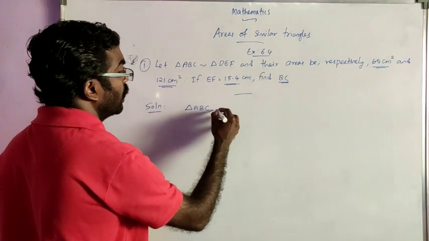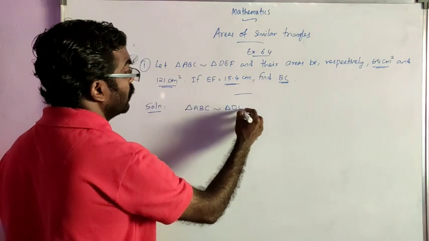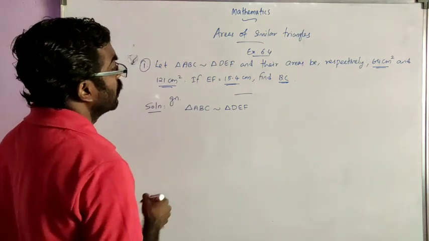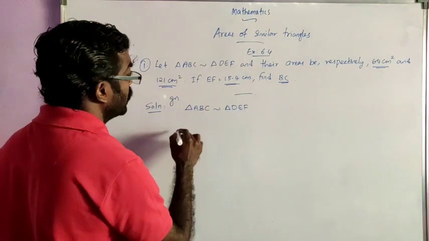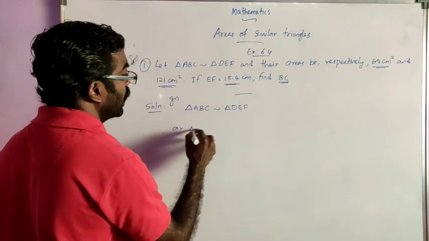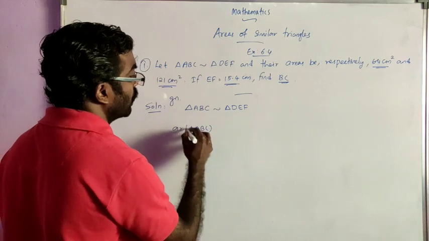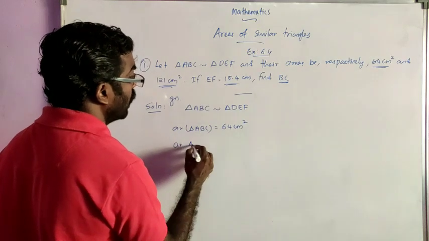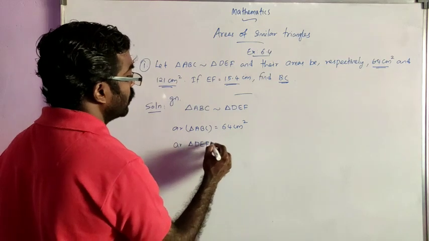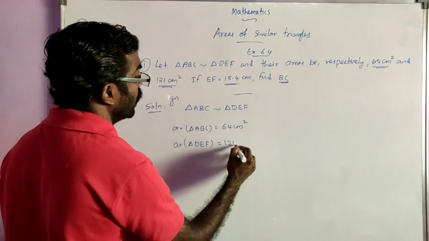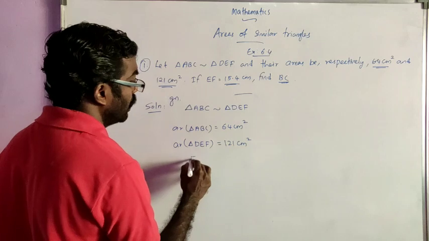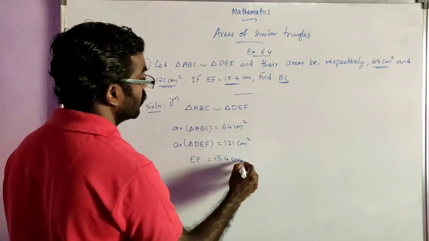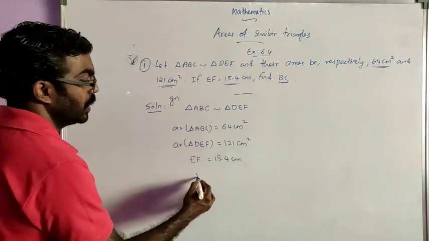Area of triangle ABC equal to 64 cm square and that of triangle DEF is equal to 121 cm square. EF is given as 15.4 cm. We have to find BC.